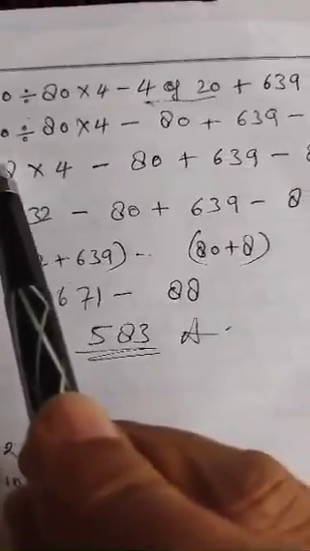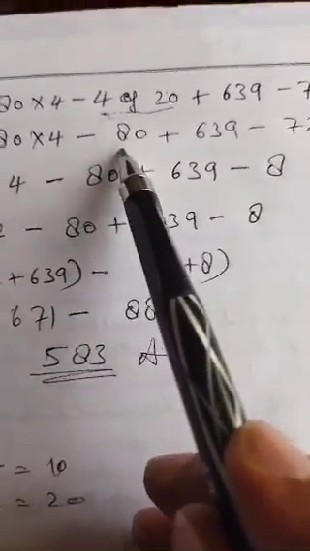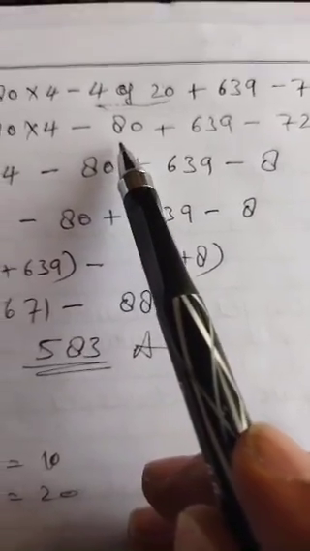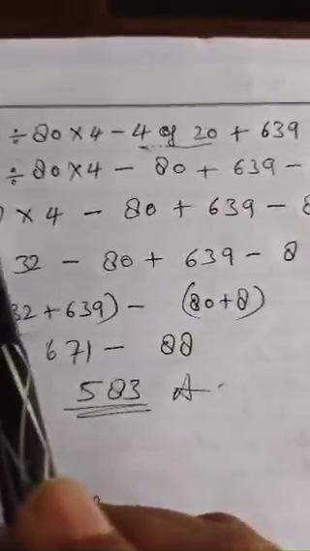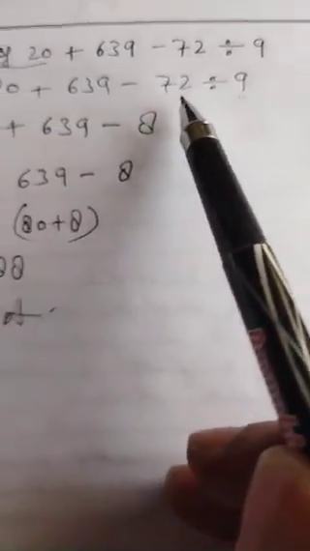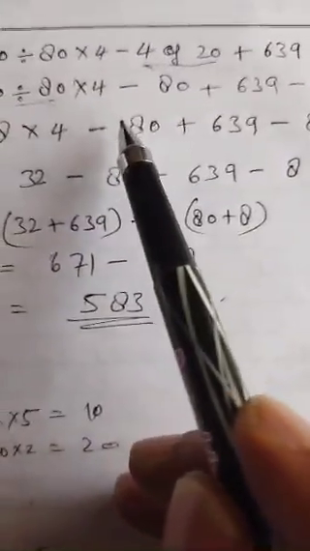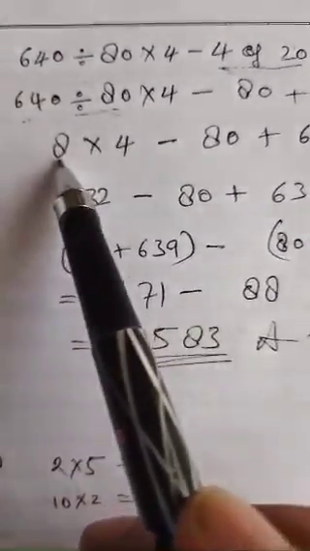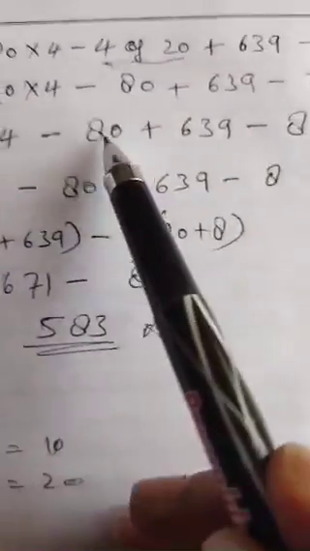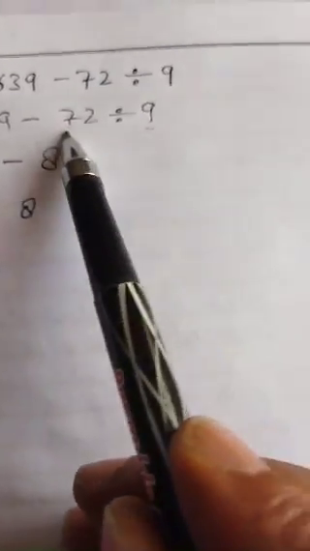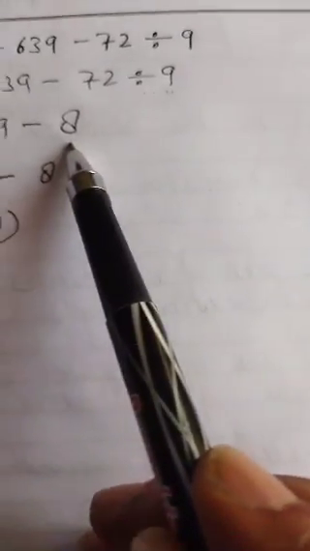Now after of, in BODMAS, divide is coming. Now you will see where your divide is coming. One is this and one is this. So 2 divides are coming. These we will solve. Again the remaining question will be written as it is. So after dividing this we got 8, then into 4 minus 80 plus 639 minus, after dividing this we got 8.